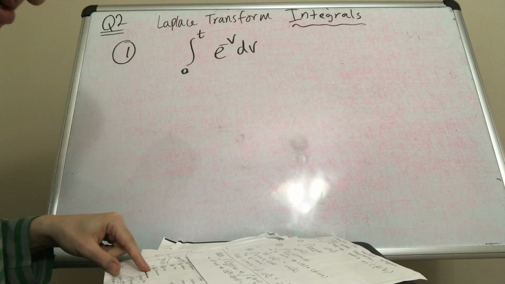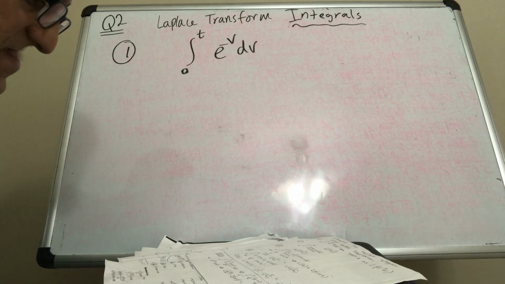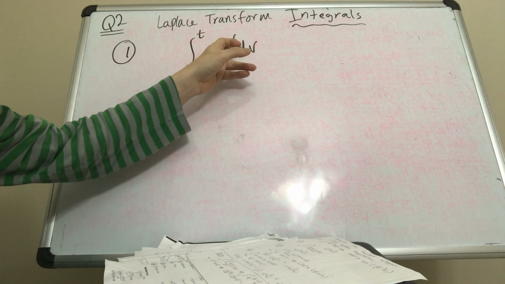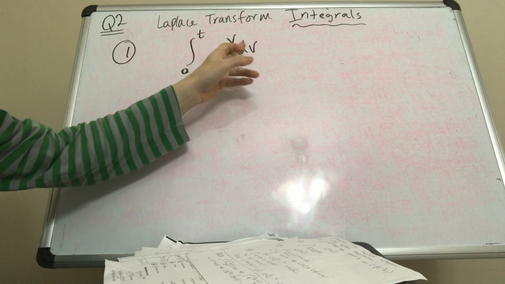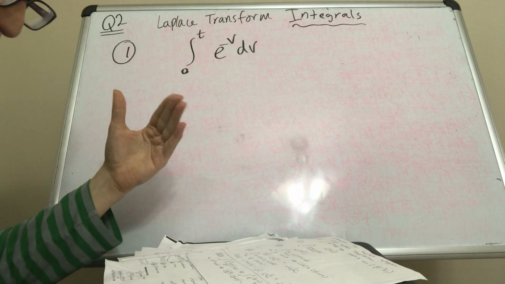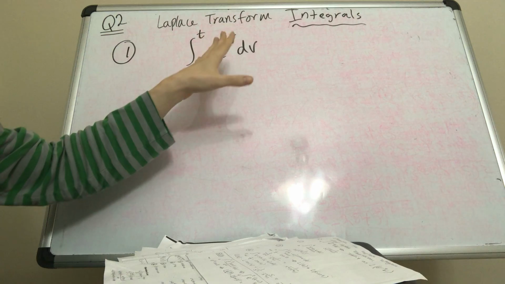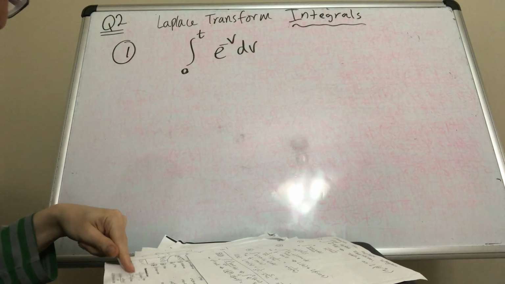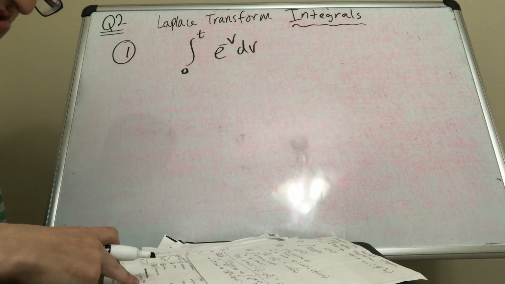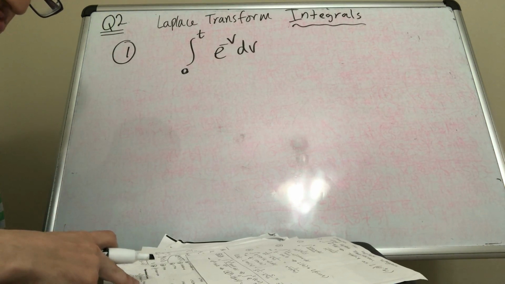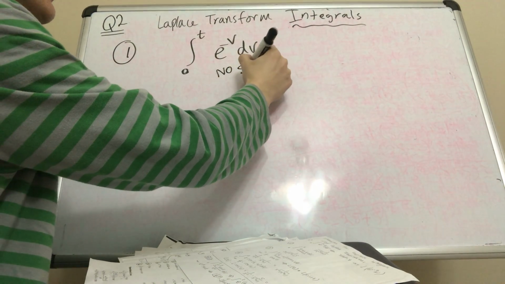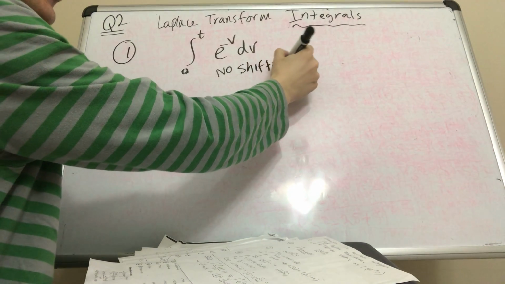So we're not using number 16 because there is nothing minus. You don't have t minus v. So it's only the function with no shifting. That would be the first rule under operational laws.